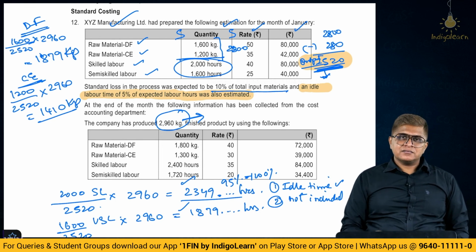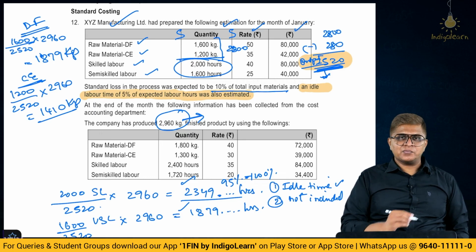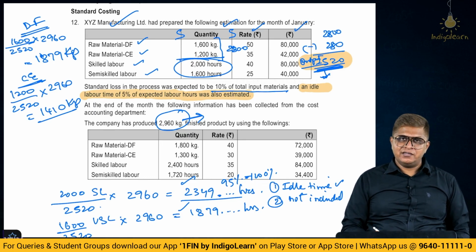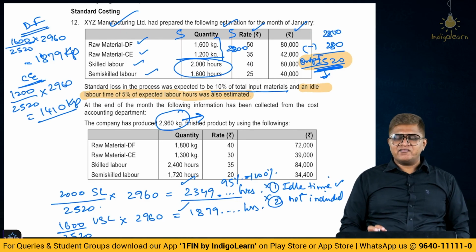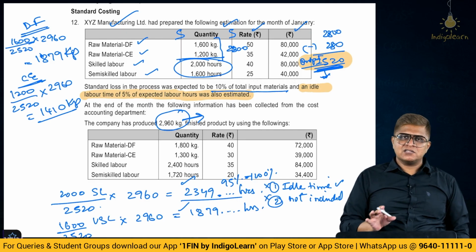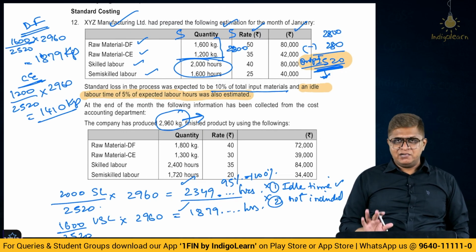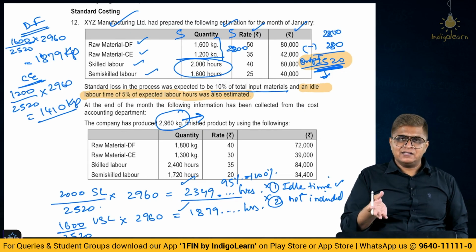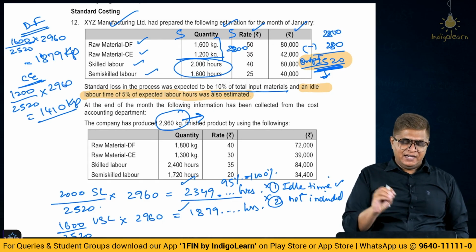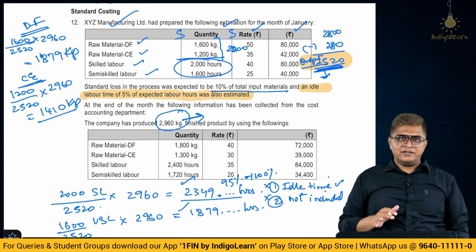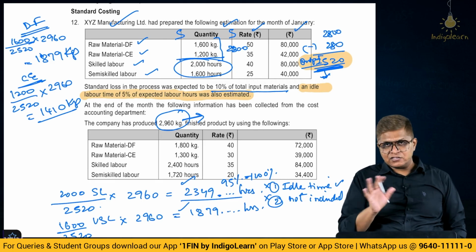However, if you look at the solution that is provided by the institute in this RTP, they have taken none of the two assumptions. They have done something completely weird which does not make reasonable sense to me. But I am just highlighting that there are two assumptions possible. One assumption is that 5% is already included in the standard. If that is there, nothing else to be done.